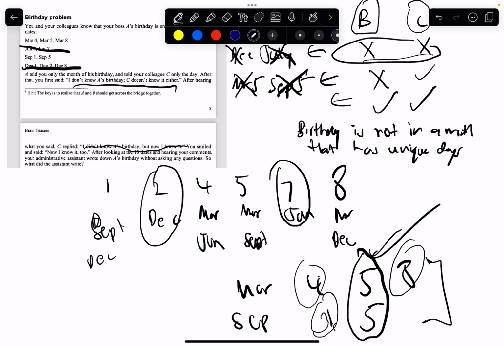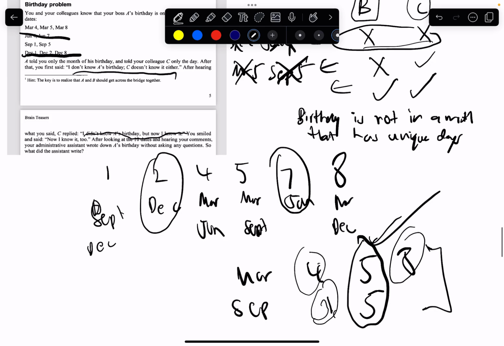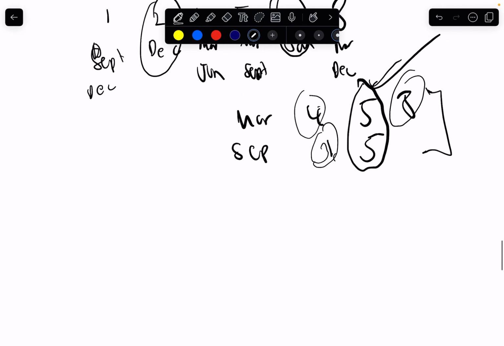And after the third step, B says, "Well, I also know A's birthday." So what does that mean? After the second step, you're left with March 4, March 8 and September 1. And B knows the month.